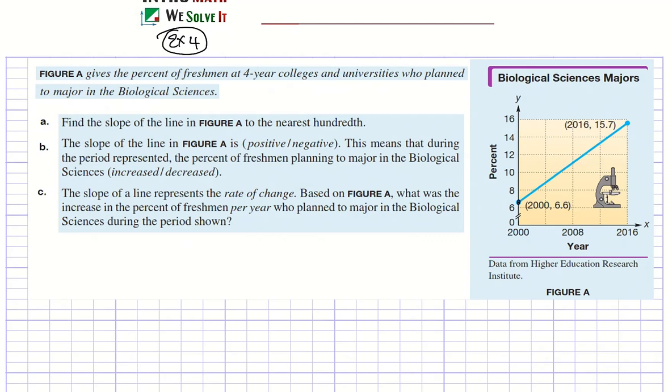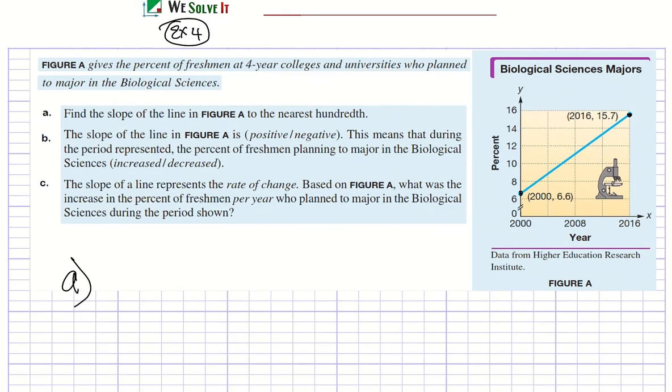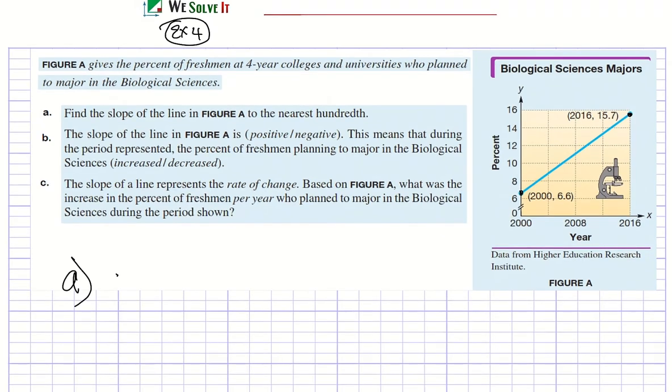You see this point here and that point here, and they are given. If you get 2 points, you can find the slope. By the way, the x-axis represents year. The y-axis represents the percent of freshmen that plan to major in biology, okay?